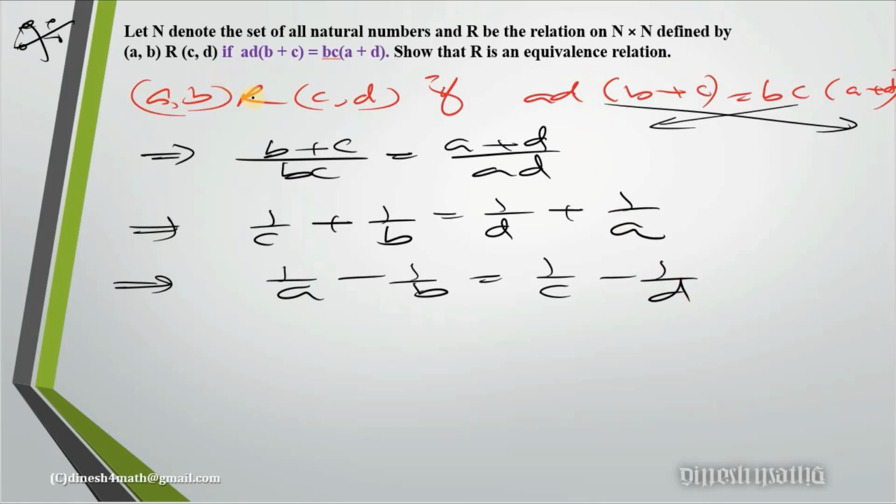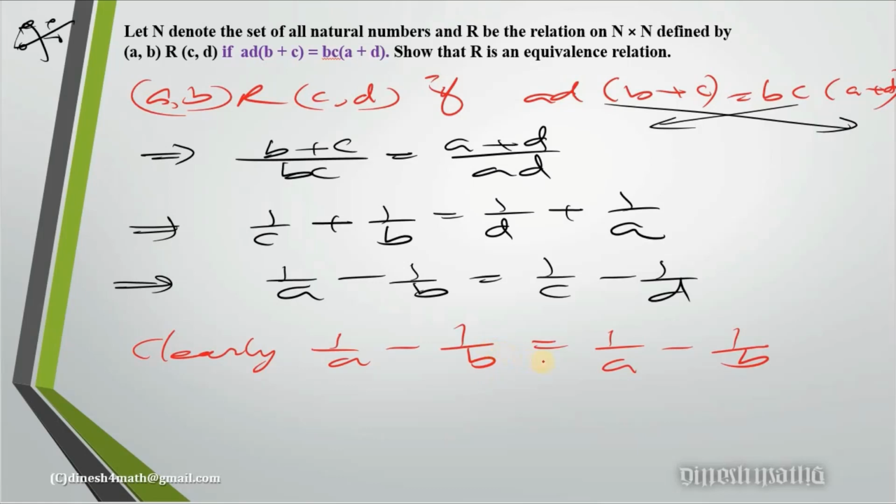So the question is rephrased this way: AB is related to CD whenever 1/A − 1/B = 1/C − 1/D. This is one of the finest ways, and then you can easily complete it. So we'll start from here. You can say clearly 1/A − 1/B. If you subtract two numbers, it is always the same: 2 minus 2 or 10 minus 10, that's always same.